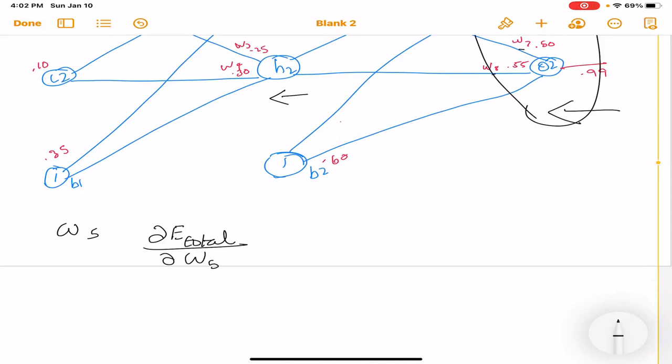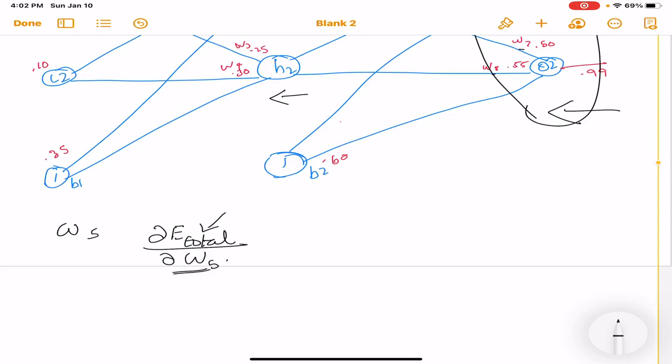This representation means that if I change the value of W5 by a little bit, how will the value of E total change?